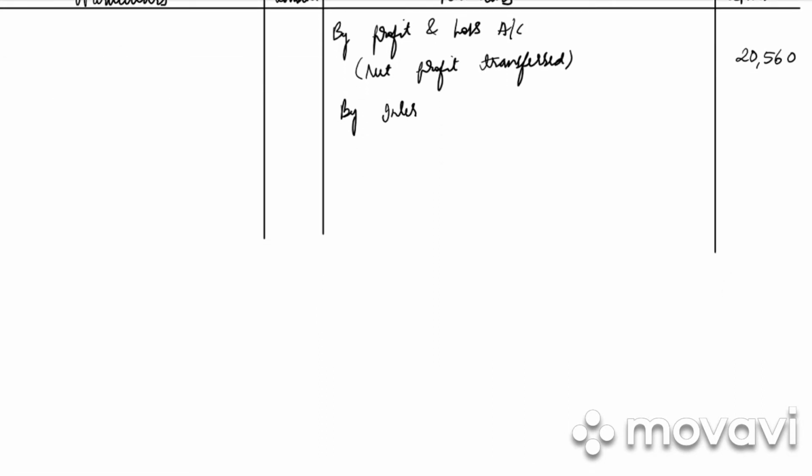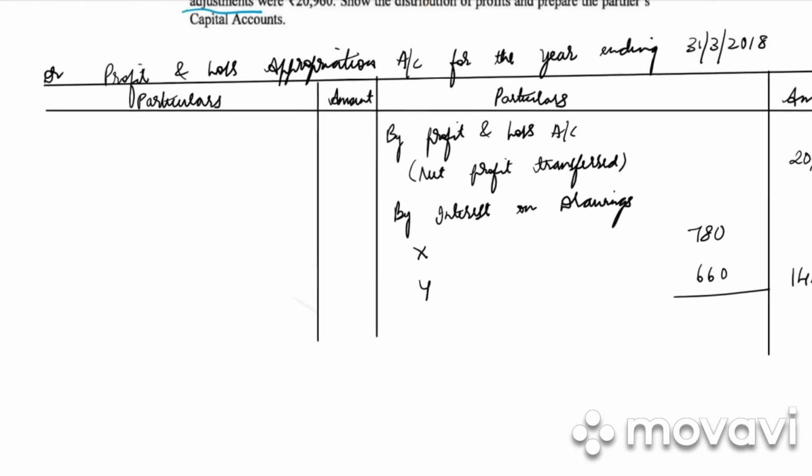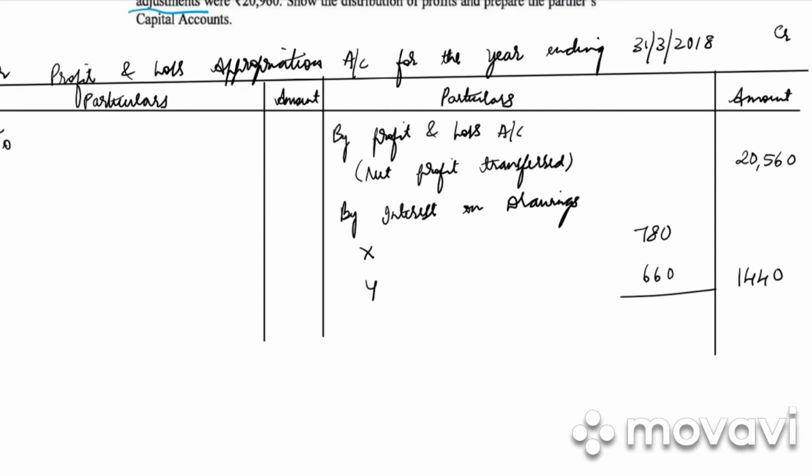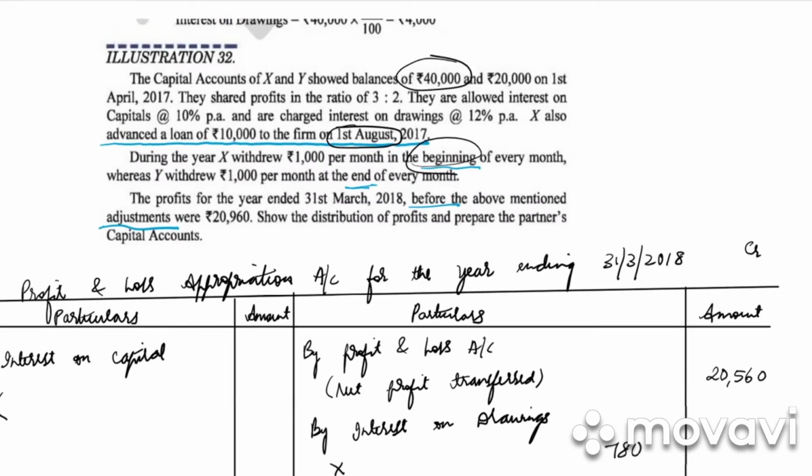Then on the credit side, what do we have? We have interest on drawings. We have calculated the interest on drawings for both X and Y. X it is 780, Y it is 660. So how much do we get? 1,440. Then on the debit side, we will have interest on capital for both X and Y. What is the capital he has brought? 40,000, and Y has brought 20,000.